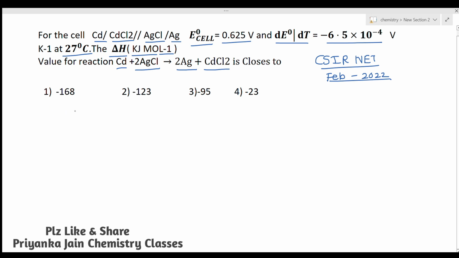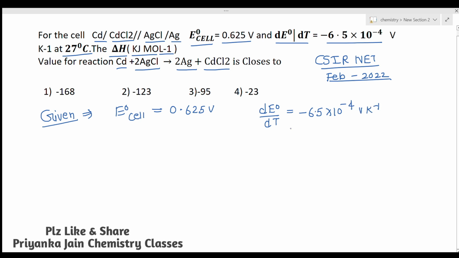Now see what things we have been given. Firstly, E naught of the cell is 0.625 volt. Then dE naught upon dT is equal to minus 6.5 into 10 to the power minus 4 volts per Kelvin. The temperature is 27 degrees centigrade, or 300 Kelvin.